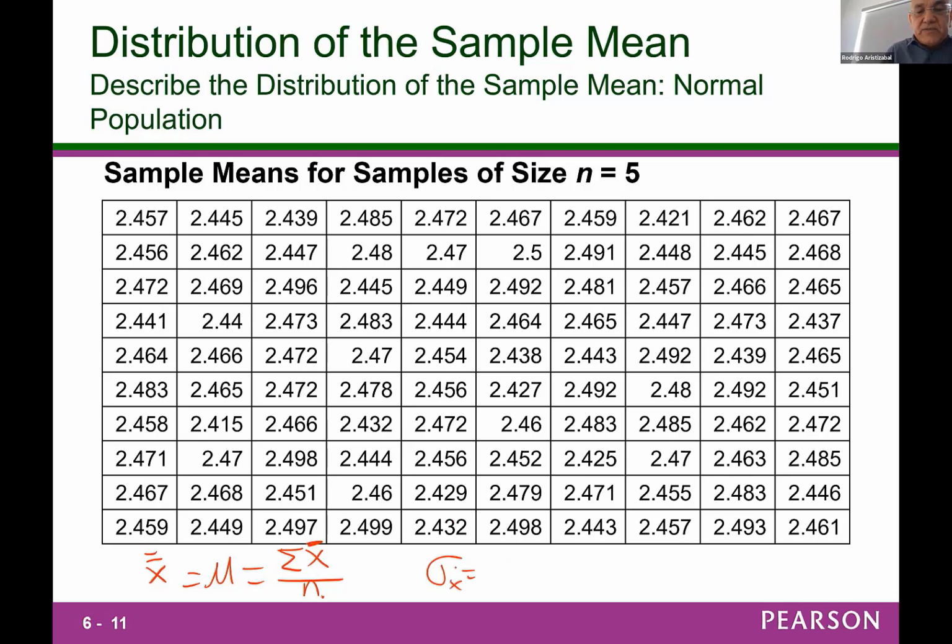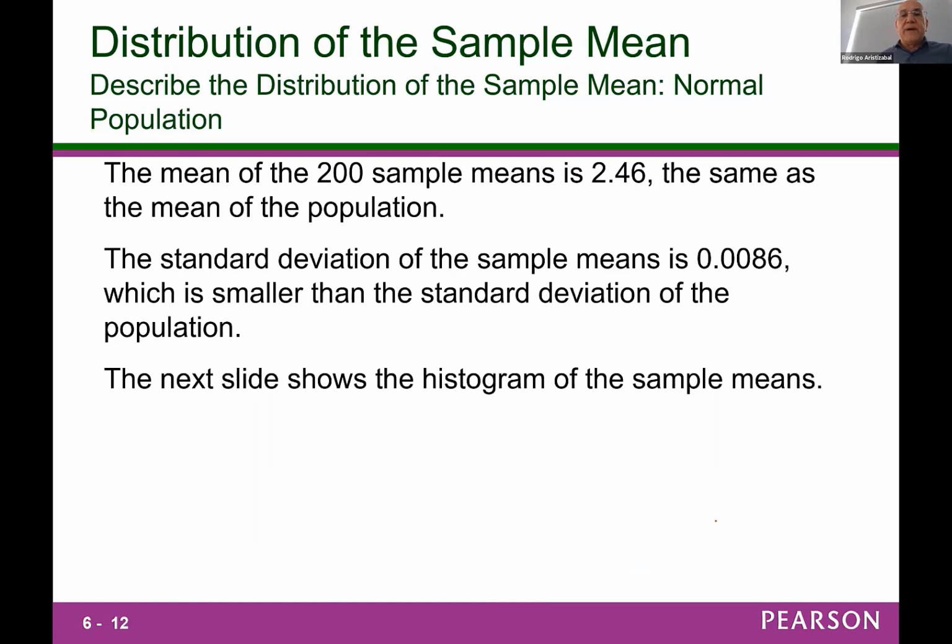The standard deviation for all X bar is given by the same formula that we used before: the sum of each mean minus the mean of the population, squared, divided by n, because it's a population. Let's assume that this is a population. When we apply these two formulas, we can obtain these two values.